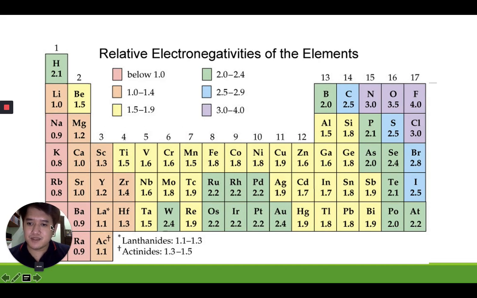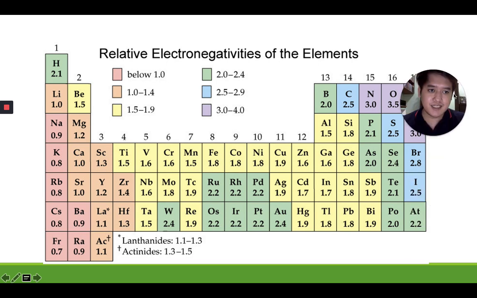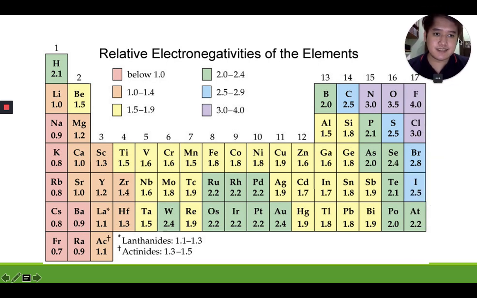And if you remember in the periodic table, electronegativity increases from bottom to top and from left to right. So the least electronegative element here is francium, and the most electronegative element is fluorine.